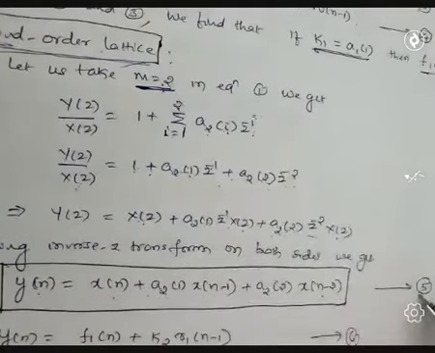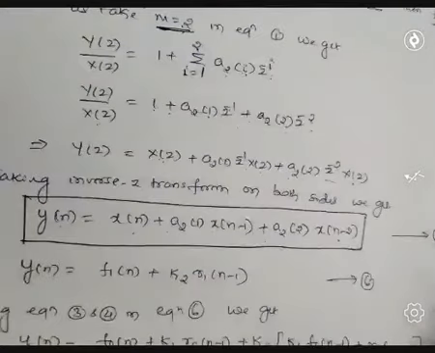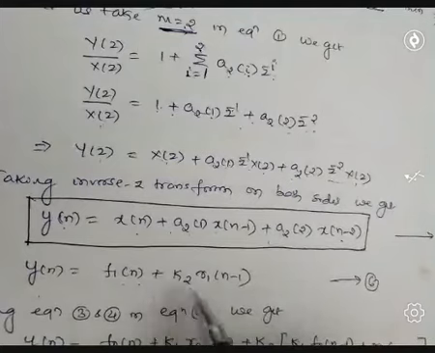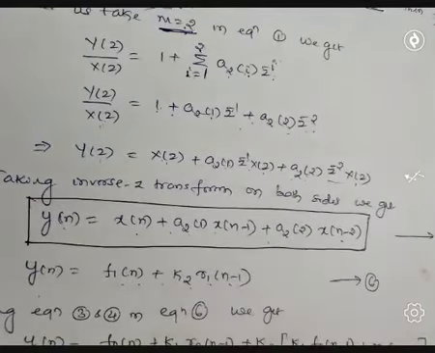Let us represent it as equation number 5. Now let us assume y of n equal to f1 of n plus k2 into r1 of n minus 1. I'm going to represent this as the next equation, equation number 6.